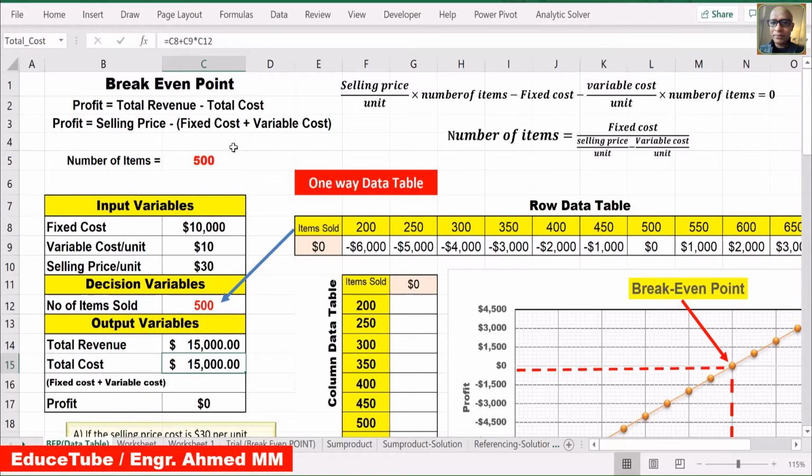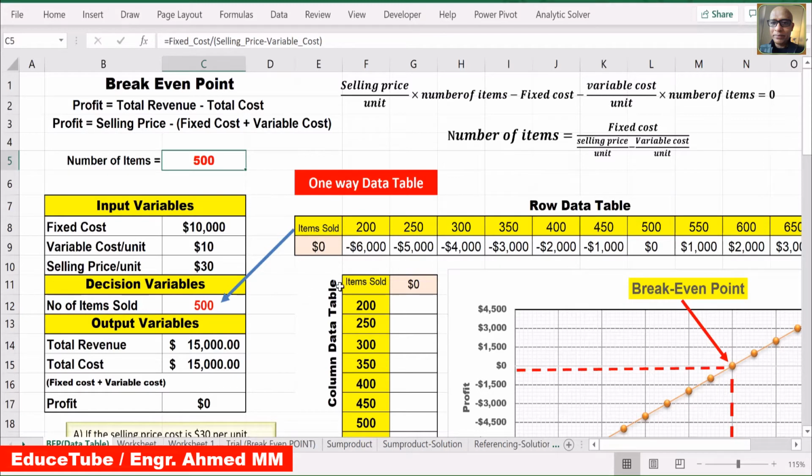That's what I used here: fixed cost divided by selling price minus variable cost, per unit, because I use these two. So it is 500, and by goal seek, putting profit 0, it is also 500, and here we got 500 using this profit also 0.